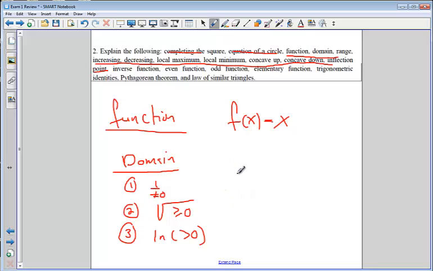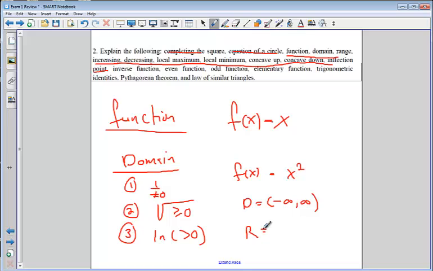So for example, f of x equal to x squared. Nothing limits my domain because I don't have a denominator, I don't have any square roots, and I don't have any natural logs. So what I can say is that my domain is equal to all real numbers, so from minus infinity to infinity. So that's all the possible inputs. Whereas my range is going to be different because I'm squaring things.